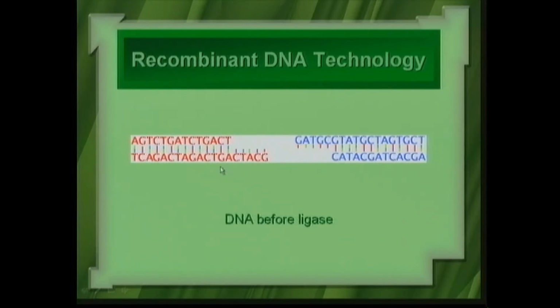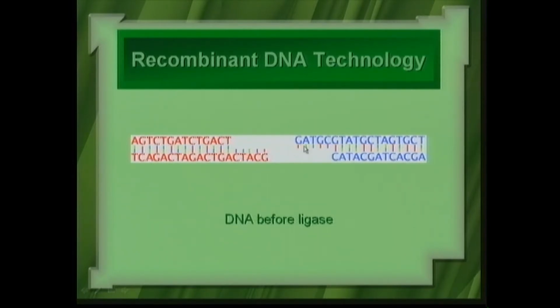You're going to use the same restriction enzyme on both DNAs when you're doing this recombinant DNA technology, where you're combining the genome or part of a genome of one organism with another one. So before DNA ligase, you'll have these two pieces of molecule with these sticky ends. And one of the things you'll notice is that they are complementary to each other, right?